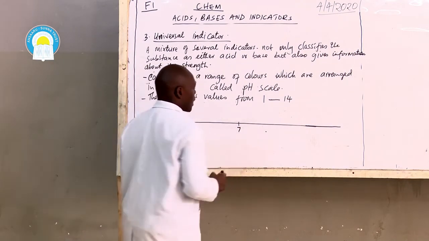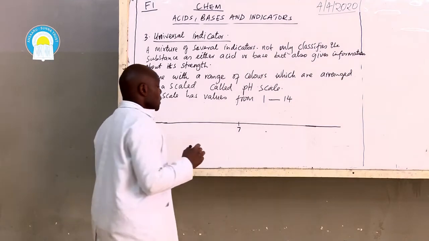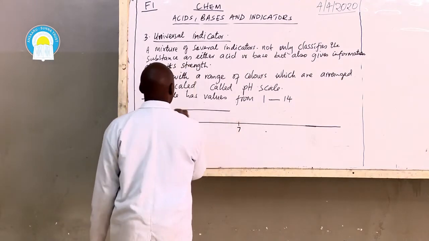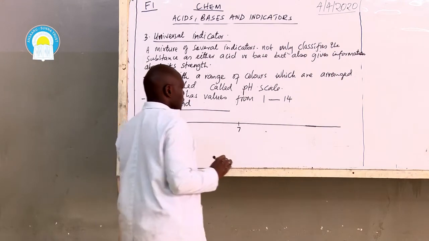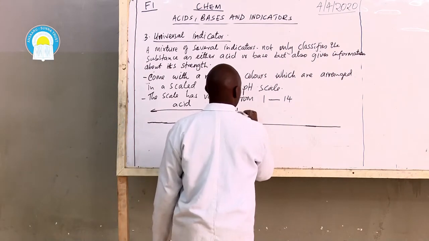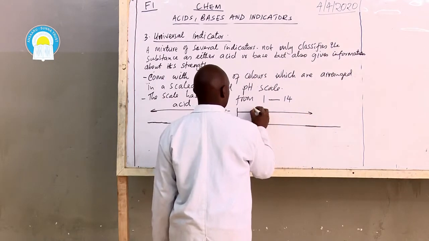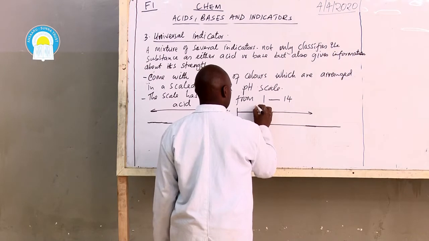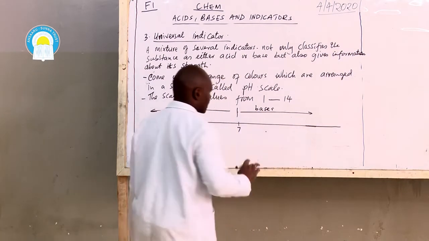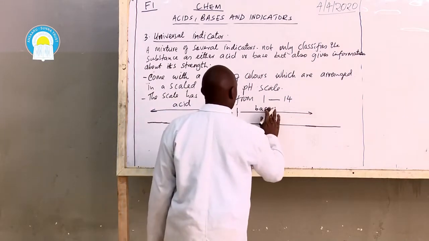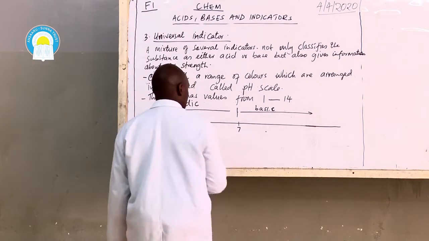In between, we have a pH of 7. Any substance which is acidic has a pH less than 7. So pH below 7 is acidic. pH greater than 7 is basic. So we say this side is basic, and this one is acidic.